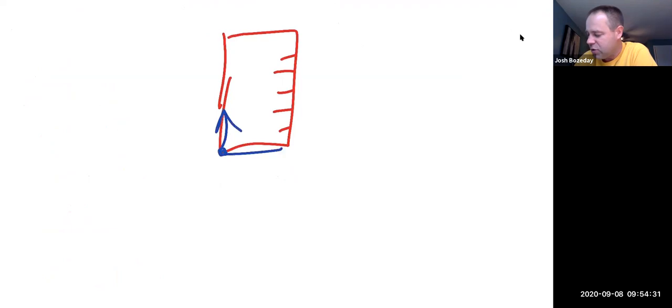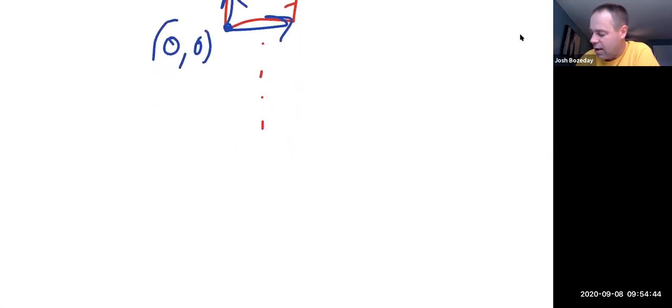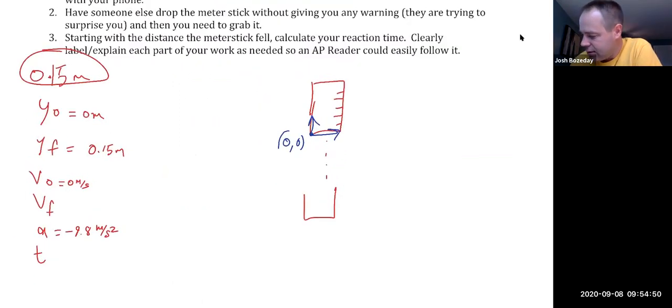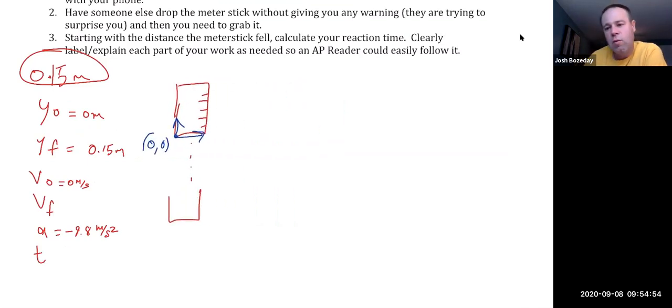And so we're going to say position of 0. So position of 0, we'll say it's right where that ruler starts, okay? And then we know that that ruler is going to fall down, right? And let's say that the ruler ends right about here, okay? So if we say that 0 is where the ruler starts, then where does it actually end when I catch it?